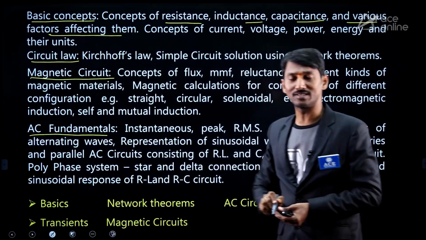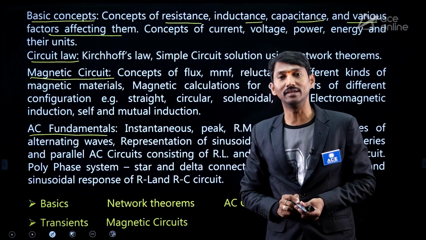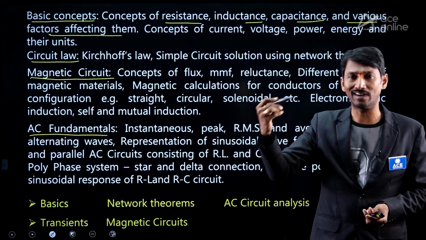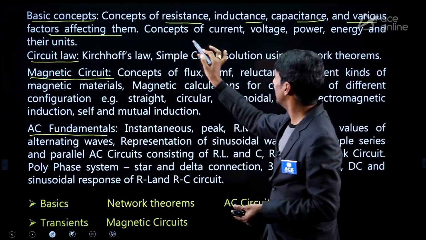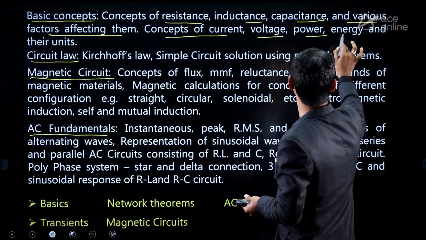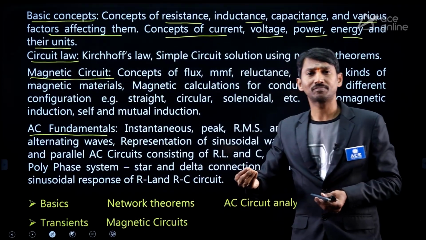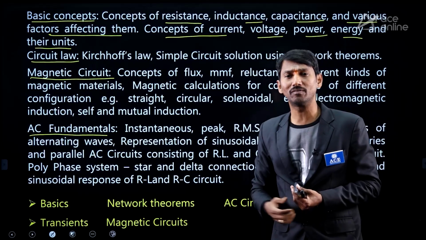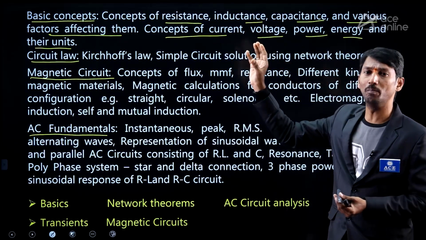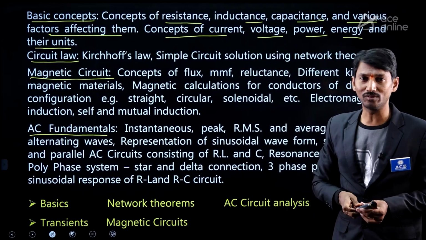For example, resistance, R equal to rho L by A. So based on that, which factors are there, and then the concept of current, voltage, power, energy and their units, nothing but what is current, what is voltage, what is power. All these are related to basic concepts in circuit theory.